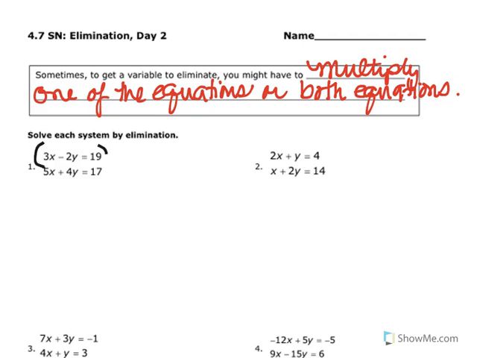How about we take the first equation and multiply it times 2? So I'm going to distribute the 2 to all three parts of the equation. Remember, anything you multiply on the left, you've got to multiply on the right to keep the equation equal. So we have 6x minus 4y equals 38. And now the other equation we're going to bring over just as it is.